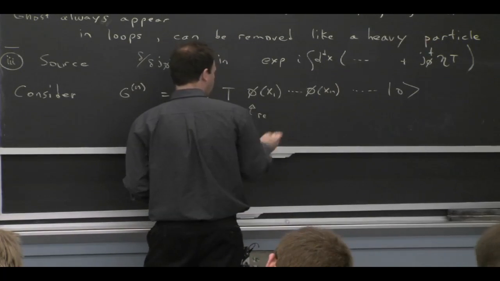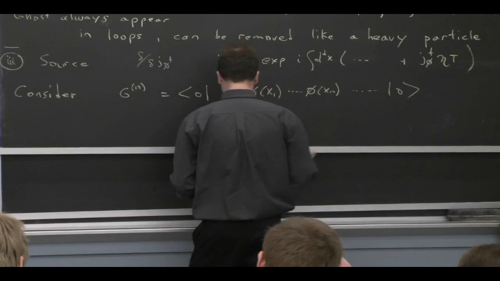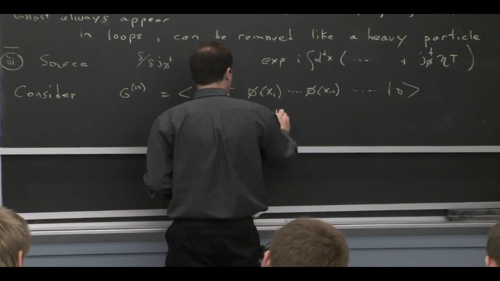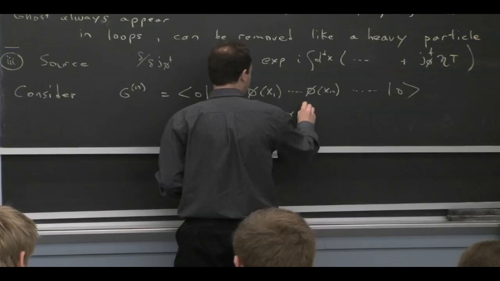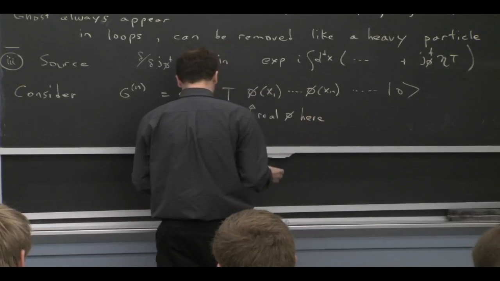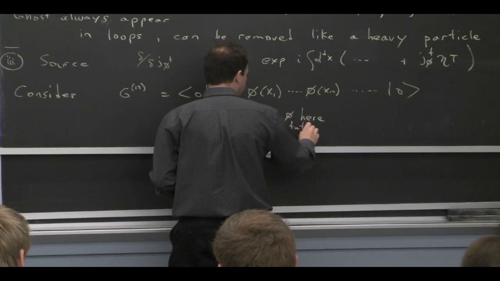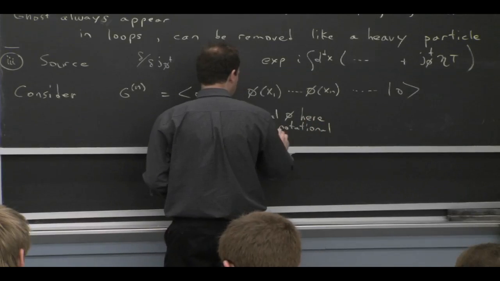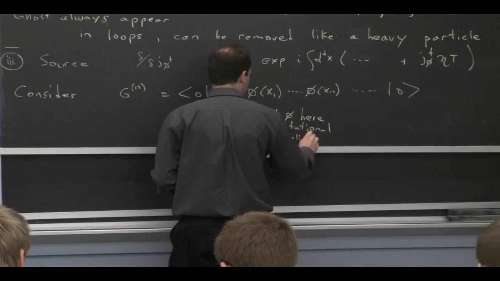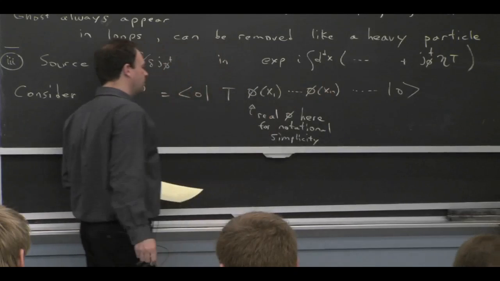I'm just taking a string of fields. I could have some other fields here as well. I'm going to make my life a little easier by taking the phi to be real. That's just for notational simplicity. I could write phi daggers and phis.